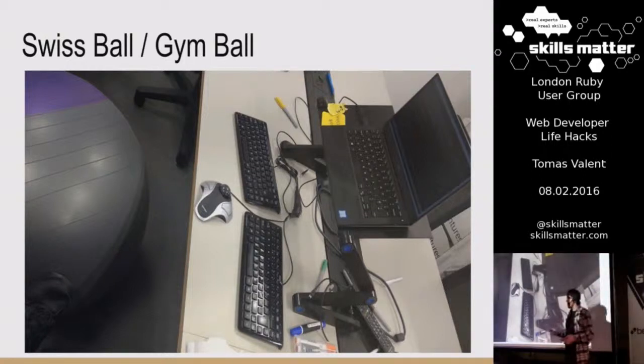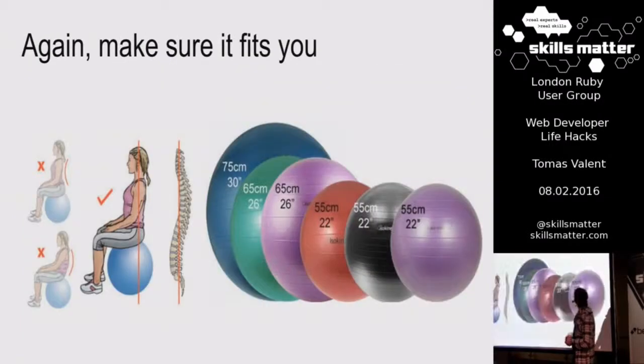Not all of us can fit an extra desk in our office or home office, so try something else, for example, sitting on a Swiss ball. This is a Swiss ball that I use down at our Pubble office, and believe me, if I can sit on a Swiss ball, there's no such thing as being too heavy for a Swiss ball. Again, make sure the Swiss ball will fit your height.